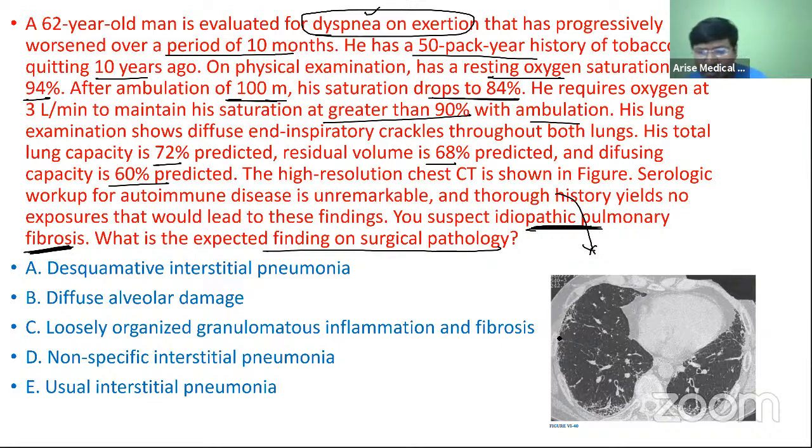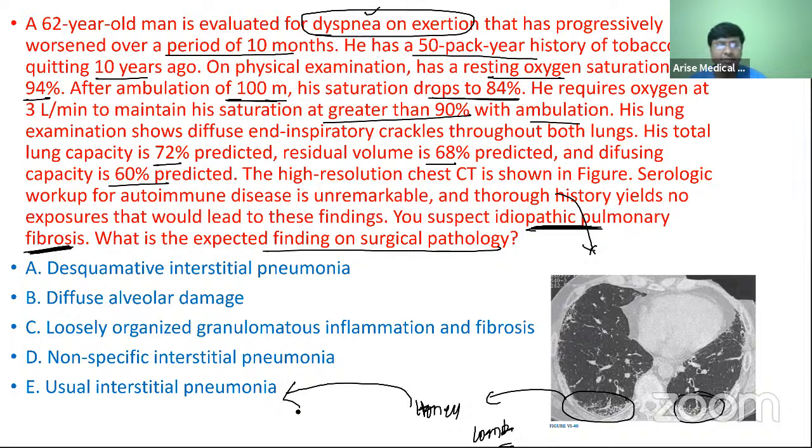Whatever you are seeing here is like a honeycomb appearance. So where do you get this honeycomb appearance in patients with idiopathic pulmonary fibrosis? That is in case of usual interstitial pneumonia, right?